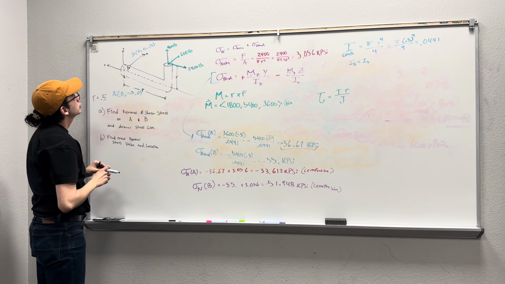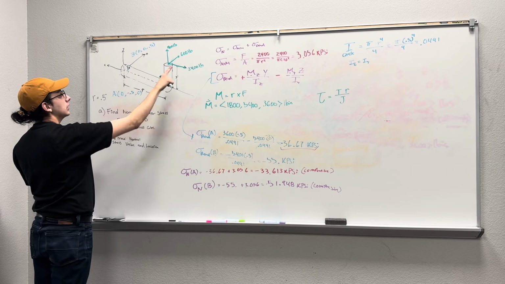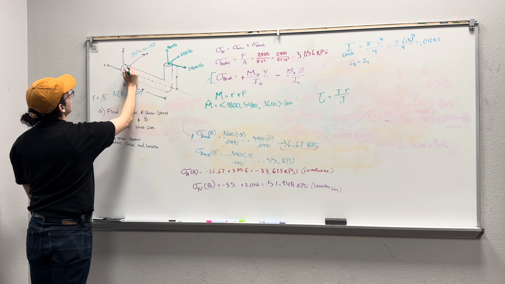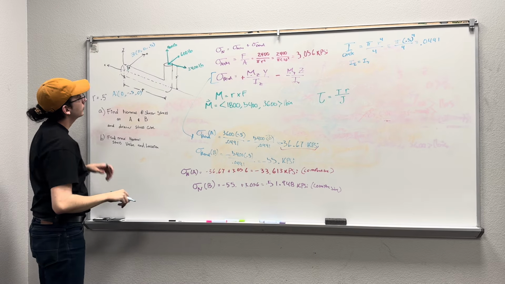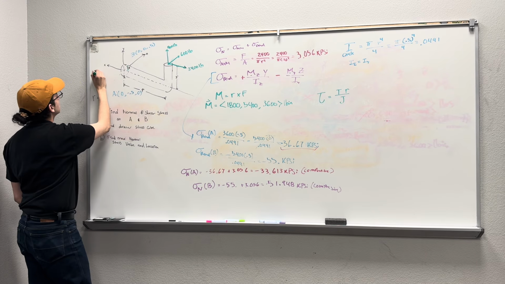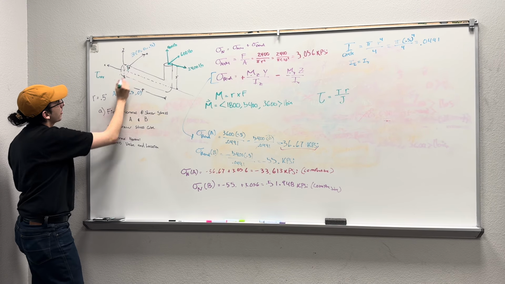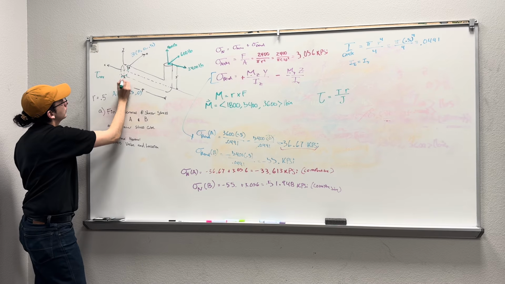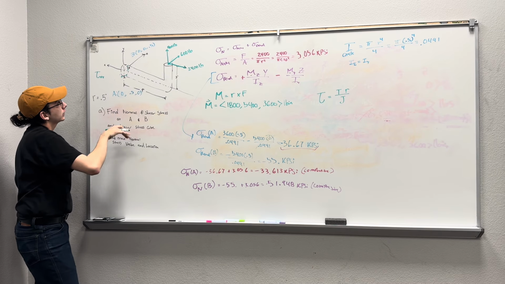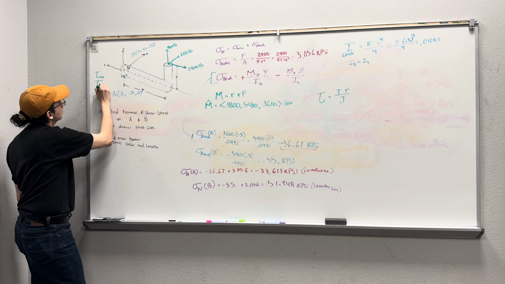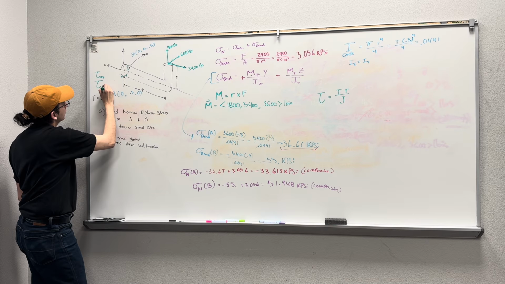You would have a torsion in the negative y direction, so it's going to be in the xy. While in this one, I'm going to get a torsion in the xz.